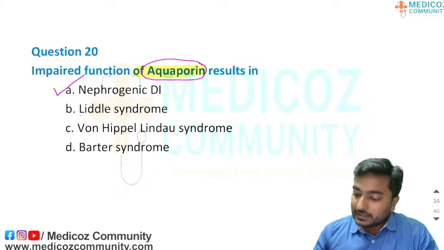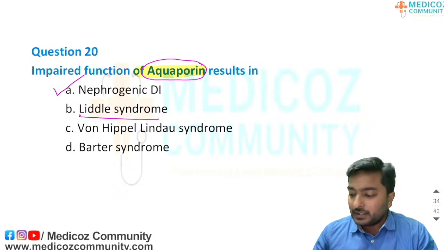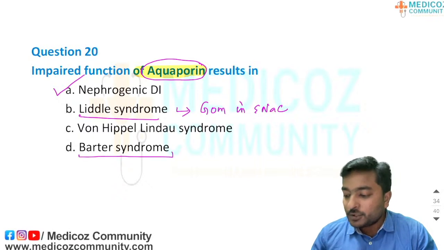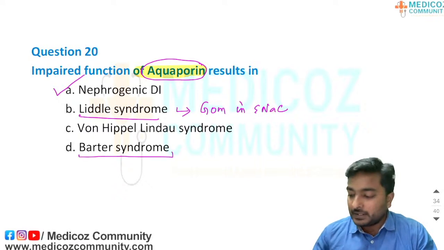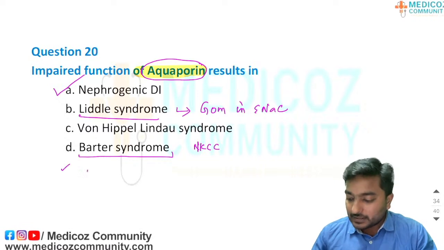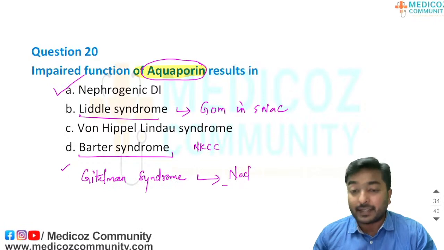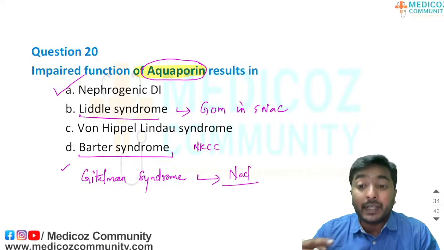And in Liddle syndrome, what is the problem? It is a gain-of-function mutation in the ENaC sodium channels. And what is the problem in Bartter syndrome? The problem is in the NKCC channel in the thick ascending loop. What is the other syndrome related to this? It is Gitelman syndrome, where we have a problem in the sodium chloride channel in the late part of the distal tubules.